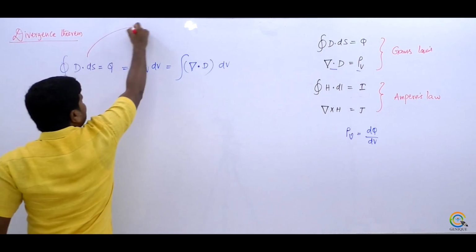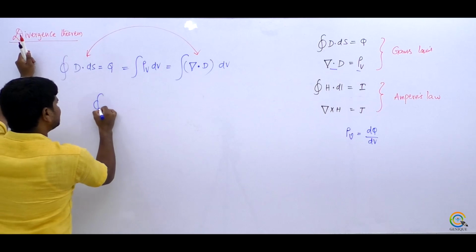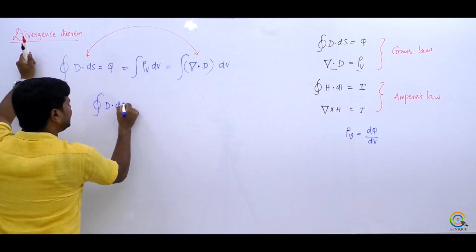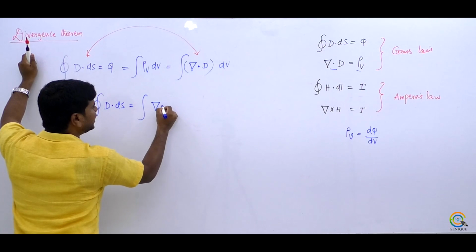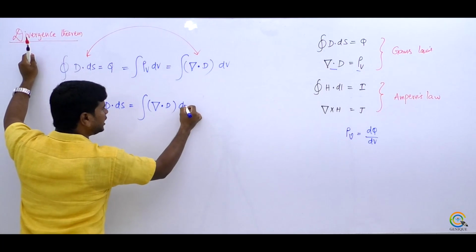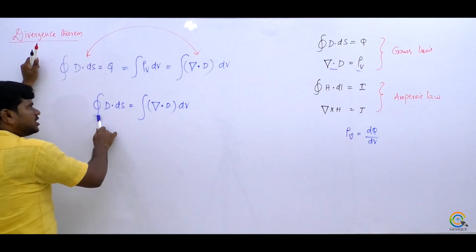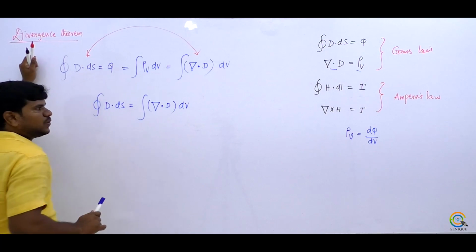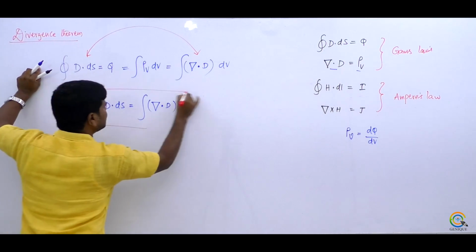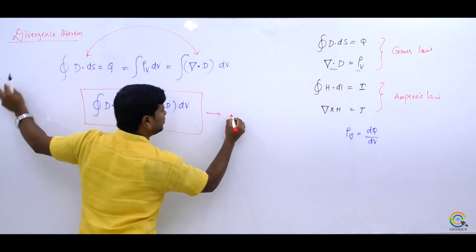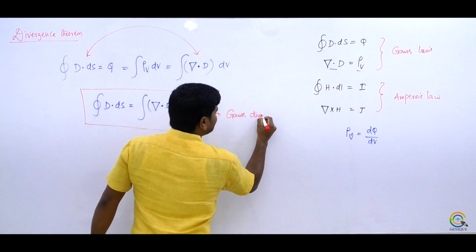By using these two, we can write that closed surface integral D dot dS is equal to the volume integral of del dot D dV. That means the surface integral is converted into the volume integral. So this is called the divergence theorem, also called the Gauss divergence theorem.